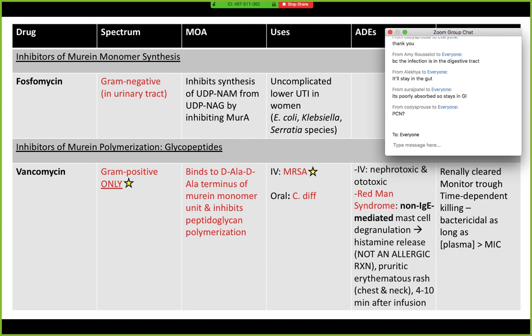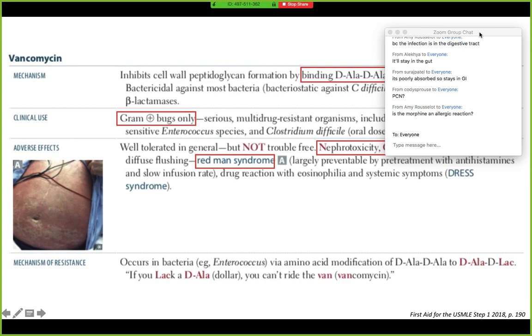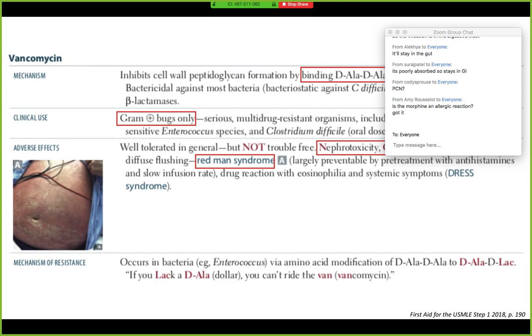So make sure you know it's non-IgE mediated. Morphine's also a non-IgE mediated mast cell degranulation. That means the drug itself is degranulating the mast cells. So it's an expected reaction from the drug, not an allergic one.